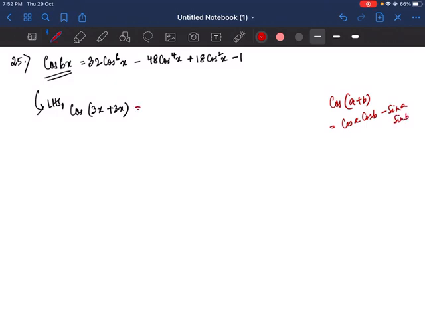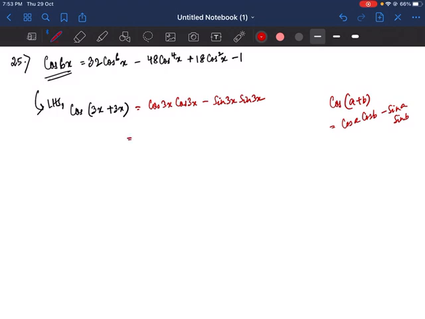So I will write this as cos 3x cos 3x minus sin 3x sin 3x. After this we will write the formulas of cos 3x and sin 3x. First thing, you see there is no 3x here, so all of them should be in terms of x. So what is the formula of cos 3x?